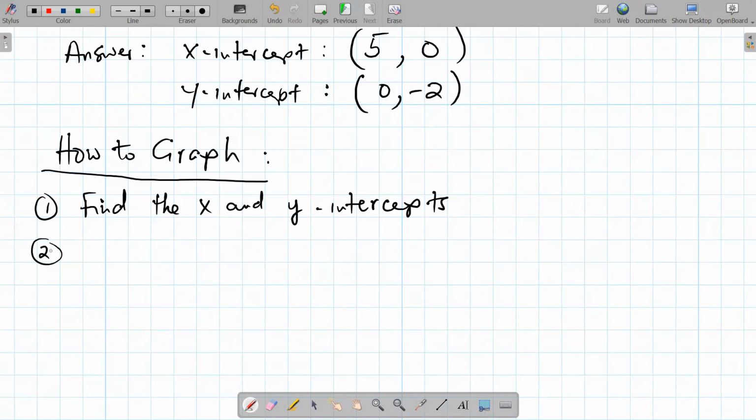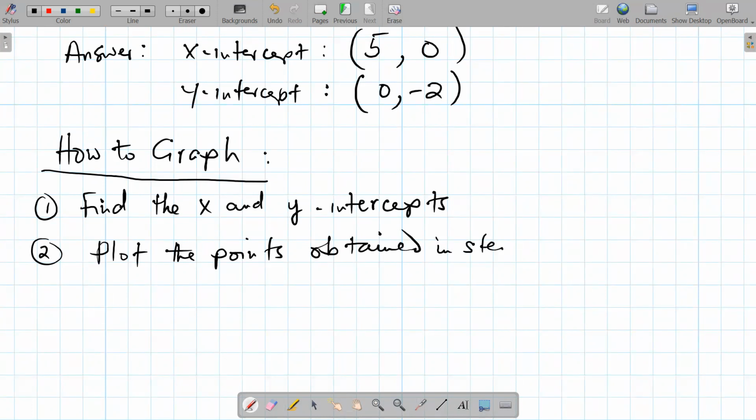And then, what you're going to do is you want to plot. Remember that the intercepts are points, they are ordered pairs. And so once you get the x and the y intercepts, you go to your graph and then you try to plot these points. So plot the points obtained in step 1.